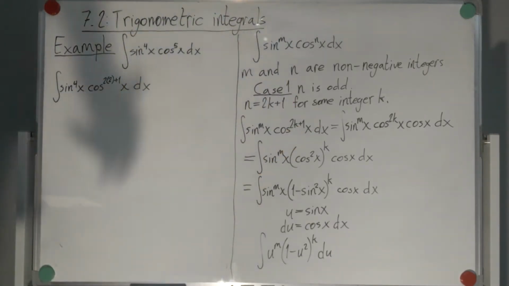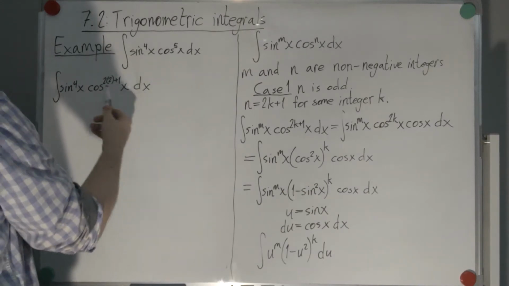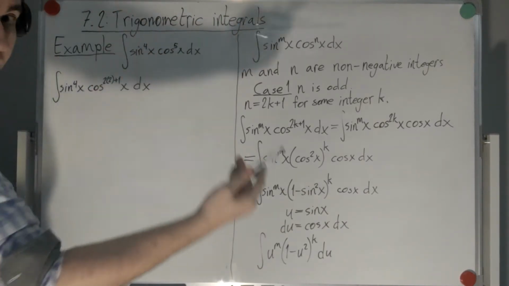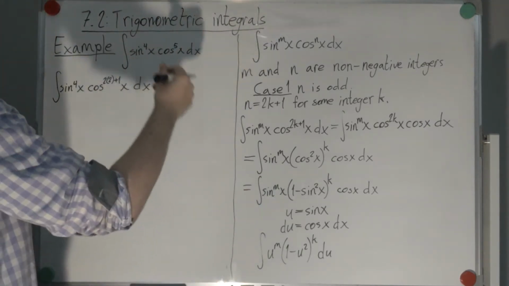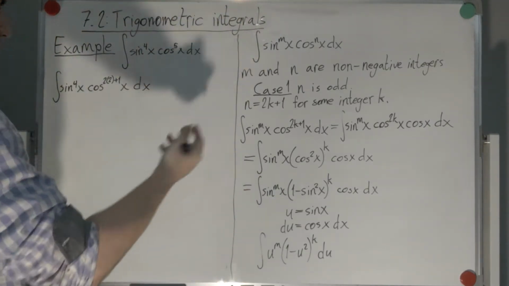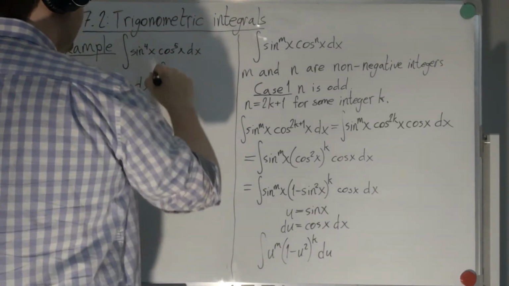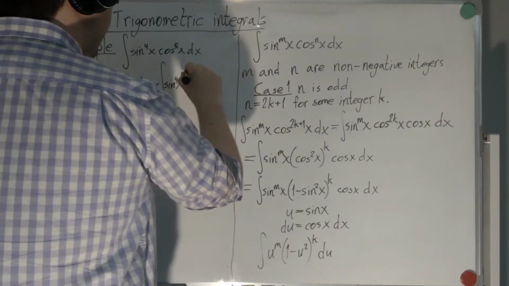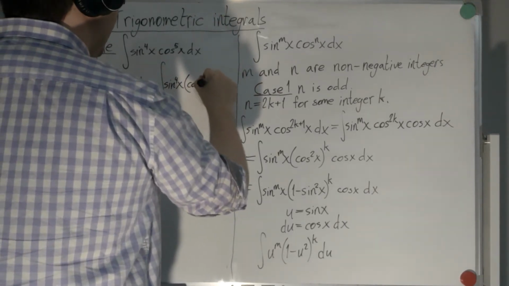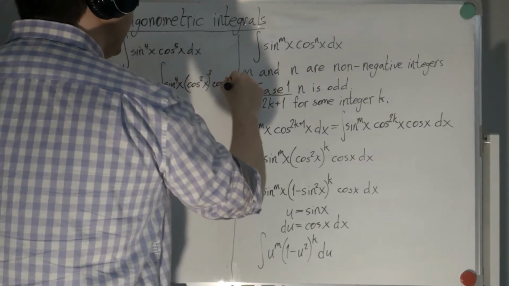Now, just as before, we can separate out one factor of cosine x, and the rest of this is an even power of cosine, which means we can write it as cosine squared raised to something else. In this case, that something is 2. So we can write this same thing as the integral of sine to the fourth x times cosine squared x squared times cosine x dx.